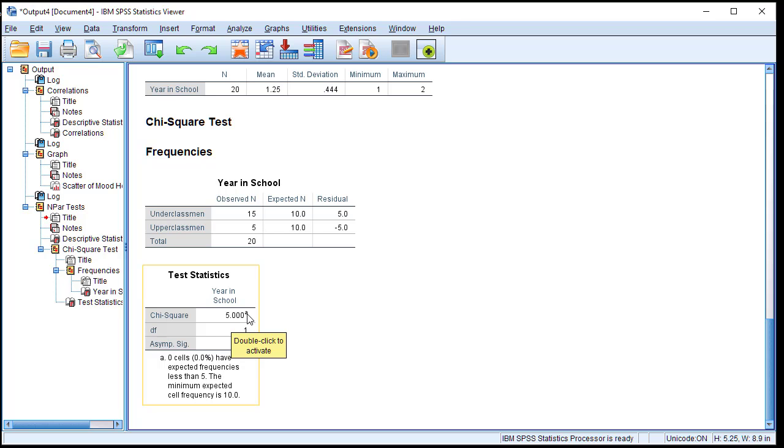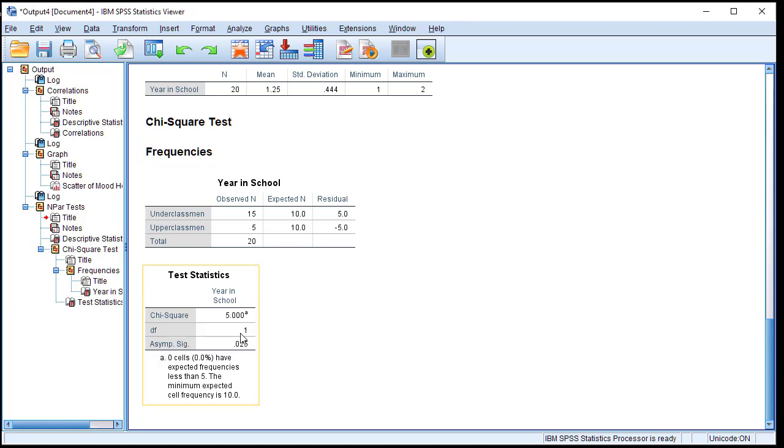It has a note A that says that 0 cells have expected frequencies less than 5, meaning that all of our expected frequencies are greater than 5. One of the assumptions of a chi-square test is that you have more than 5 in each expected group, and we do, and that's okay. So the chi-square, which is the sum of the observed minus expected frequencies squared divided by the expected frequencies, is 5.0.